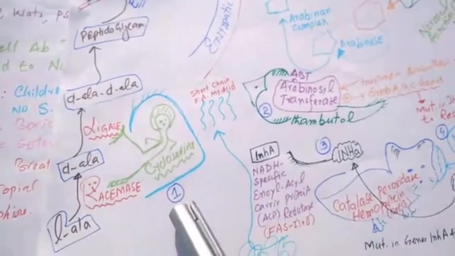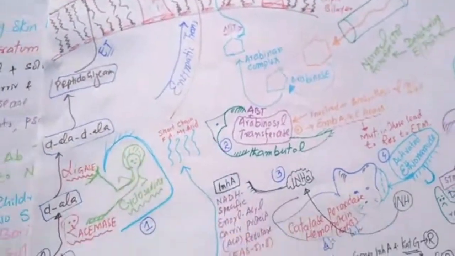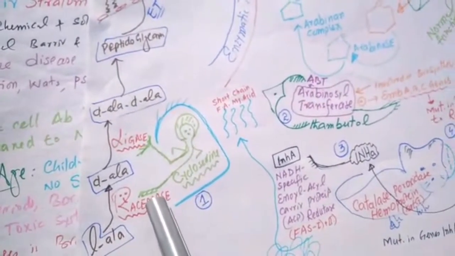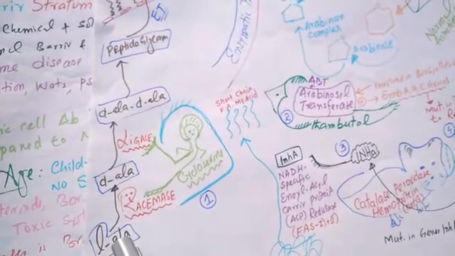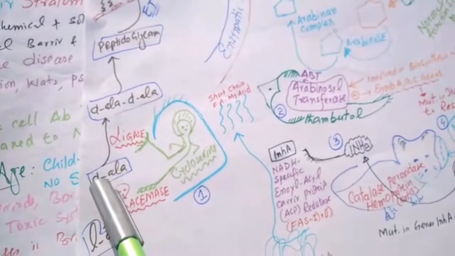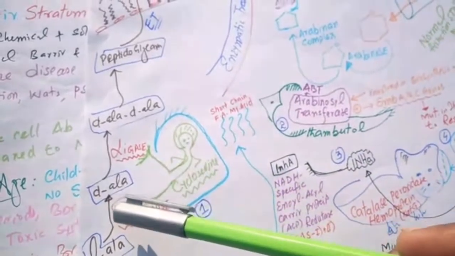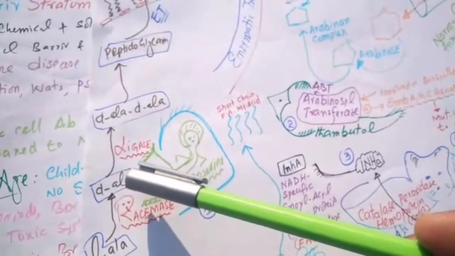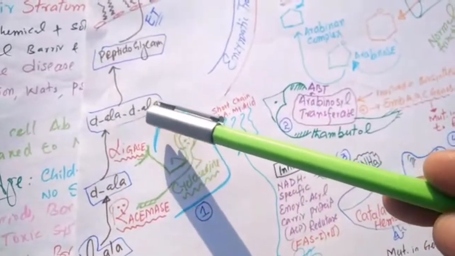So the first drug is cycloserine. Inside the bacterial cell, the racemase enzyme converts L-alanine into D-alanine, and then the ligase enzyme makes a bond between D-alanine molecules.